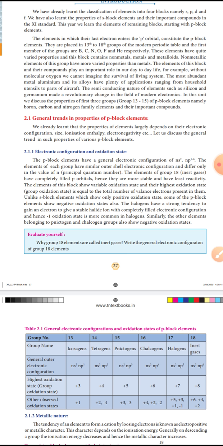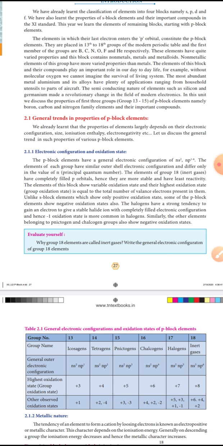First, let us learn the general trends in properties of p-block elements: electronic configuration, size, ionization enthalpy and electronegativity. First, electronic configuration and oxidation state.